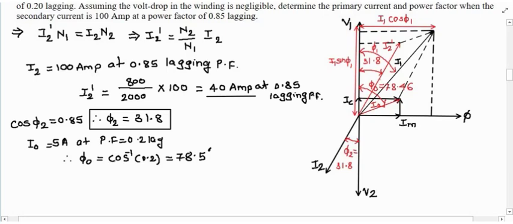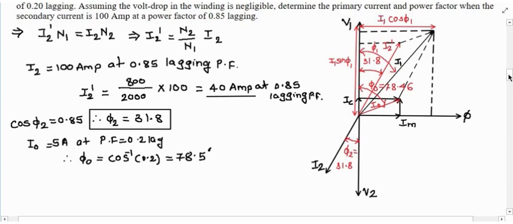It is indicated by this red line here, which is equal in magnitude to the I2 dash but in anti-phase with I2. The vector addition of I2 dash and I0 is nothing but the current taken by the primary winding I1, which lags V1 by angle phi 1.